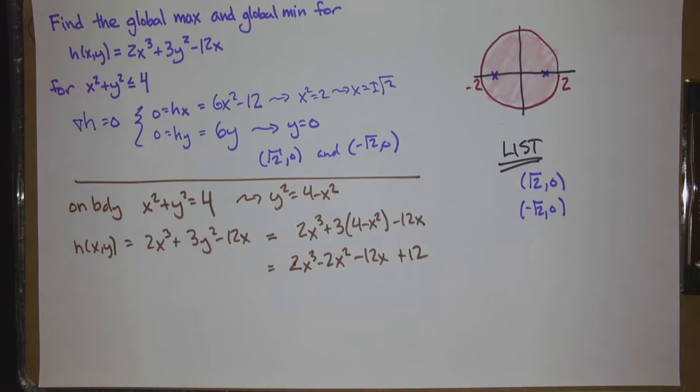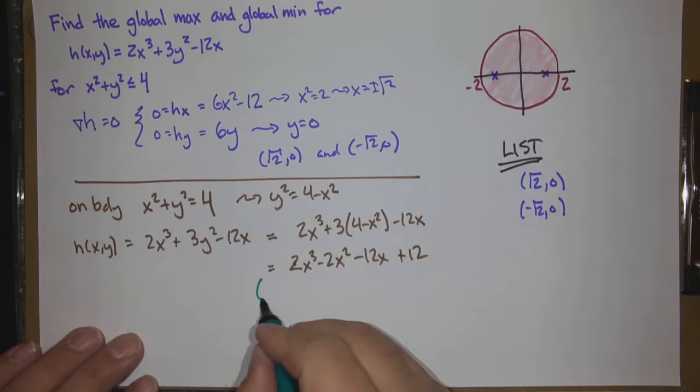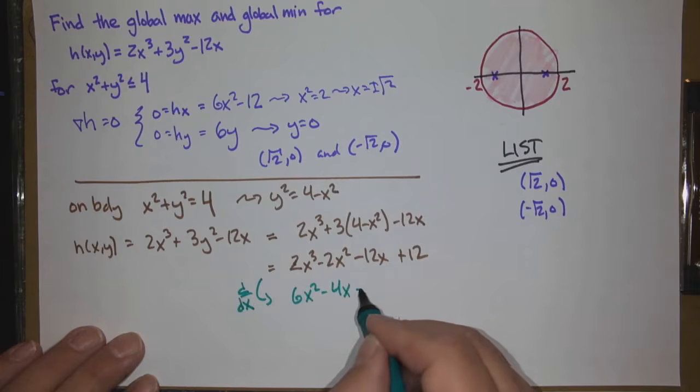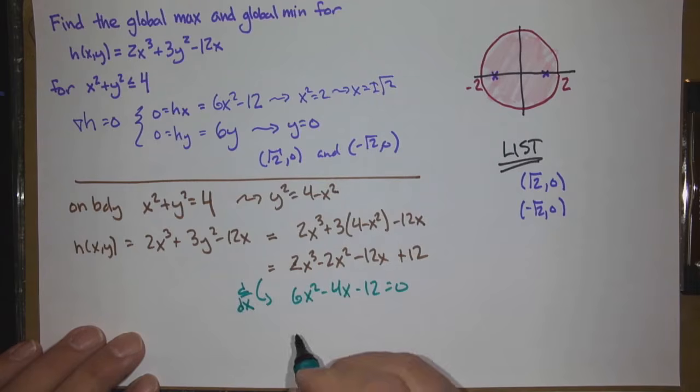Okay, now what do we do with this? We've gone down to one variable, and then what? We're looking for critical points, so we take a derivative. So, derivativize this thing. And what do you get? 6x squared minus 4x minus 12 equals 0.